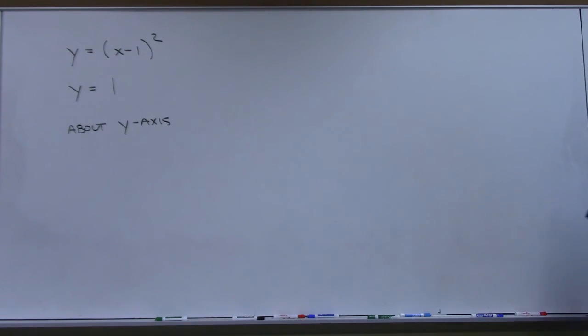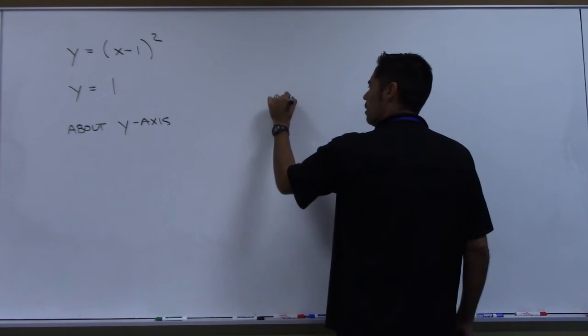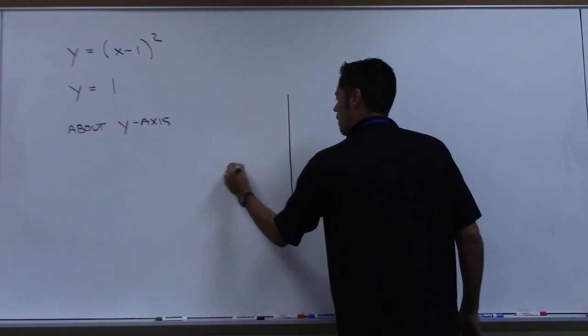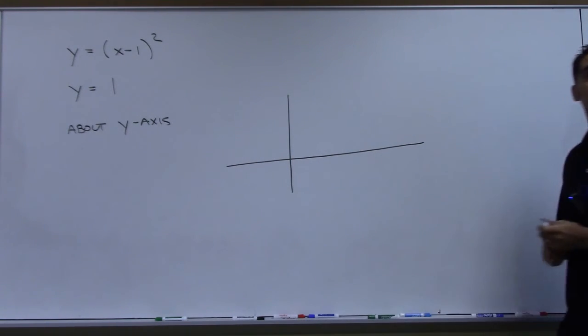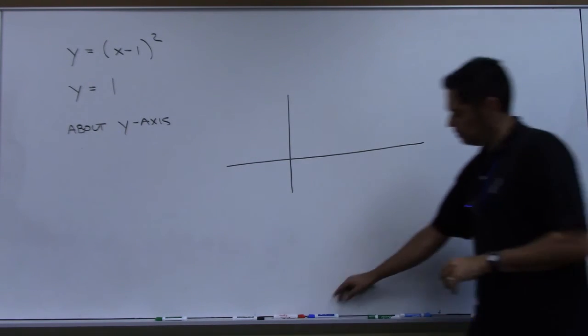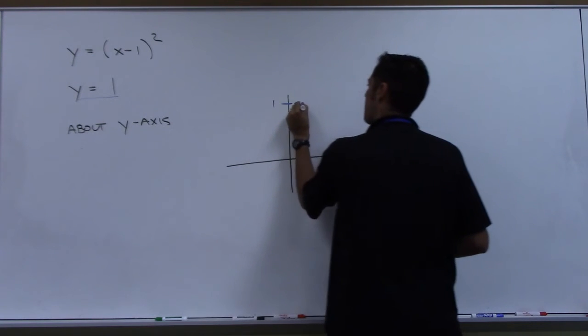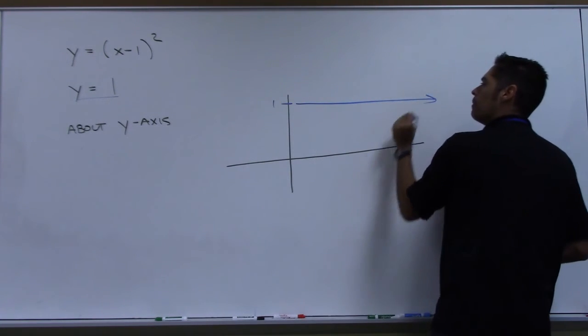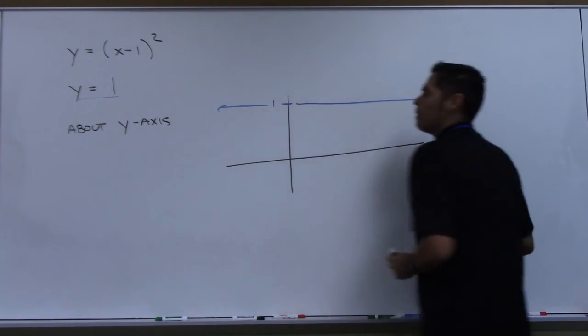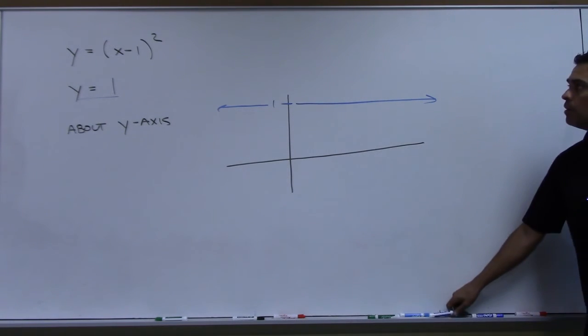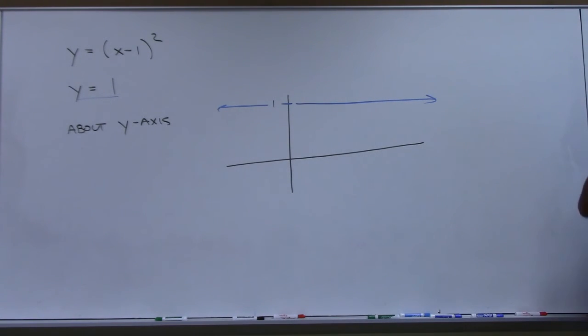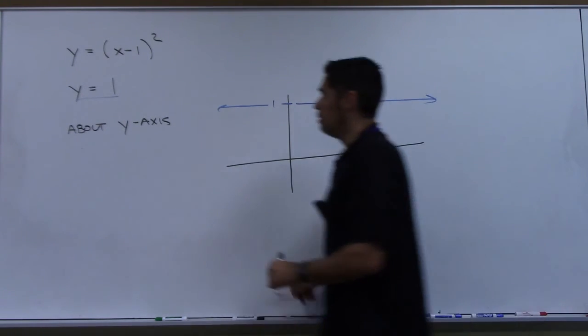I've got to be kind of quick here because I'm running out of time. y equals 1 is the easier one to graph, right? What does x minus 1 squared look like? Parabola, right? Where does that thing hit the x-axis? At 1?